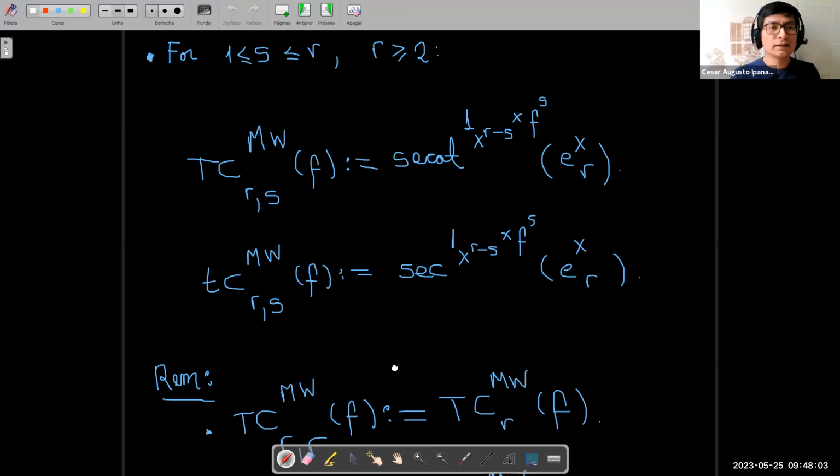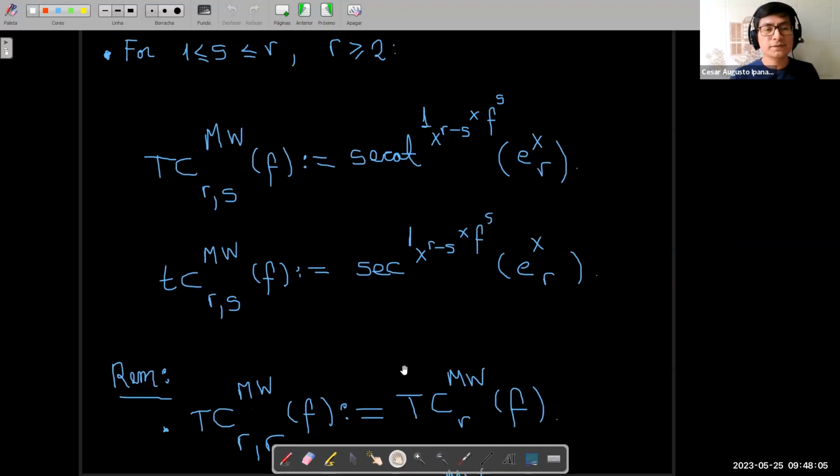Then I will introduce also the Farber-Murillo topological complexity. Again, s is between 1 and r, r more or equal to 2. The Farber-Murillo topological complexity is the sectional category with respect to this product of this fibration.